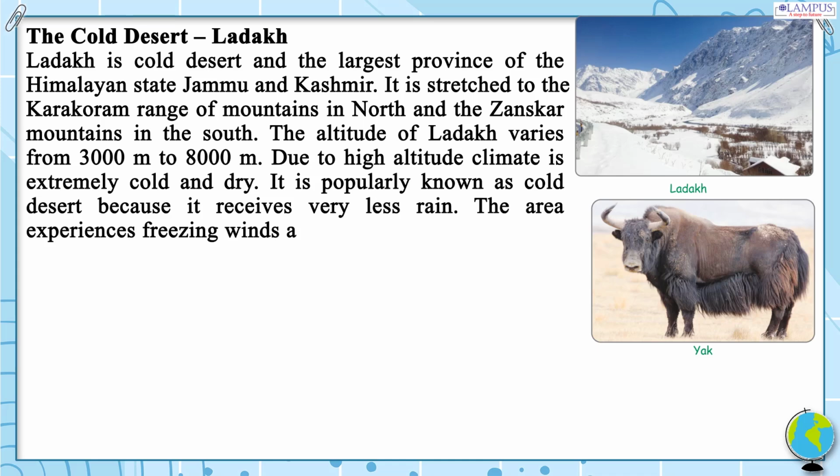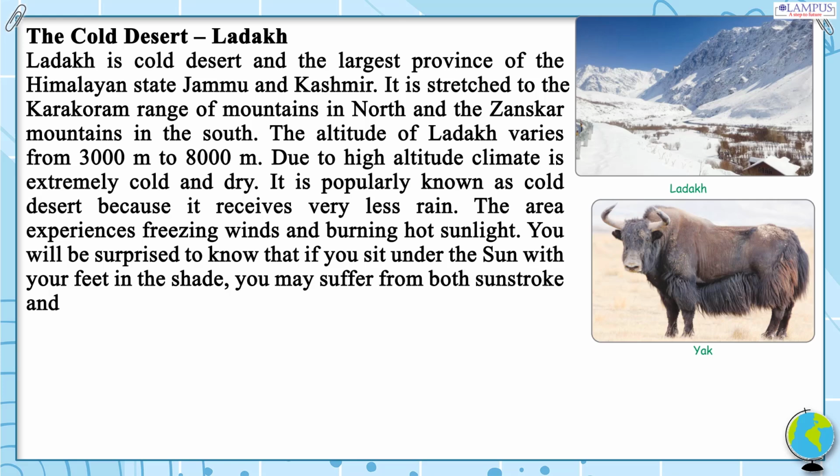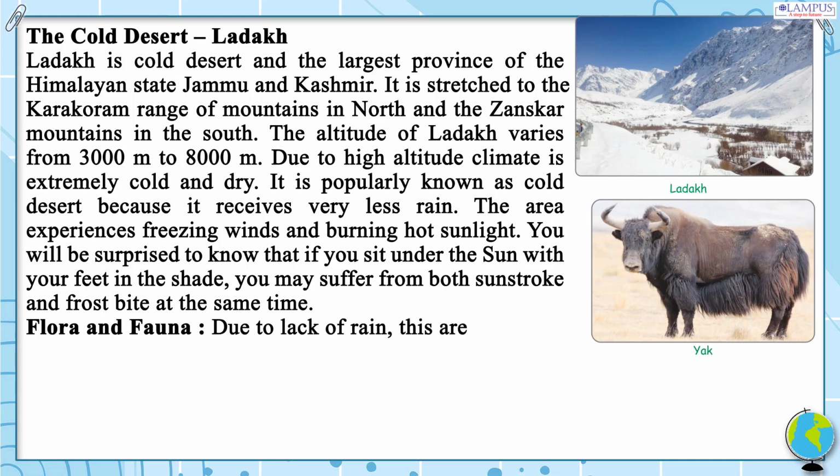The area experiences freezing winds and burning hot sunlight. You will be surprised to know that if you sit under the sun with your feet in the shade, you may suffer from both sunstroke and frostbite at the same time. Flora and fauna. Due to lack of rain, this area has almost negligible vegetation, like a hot desert.